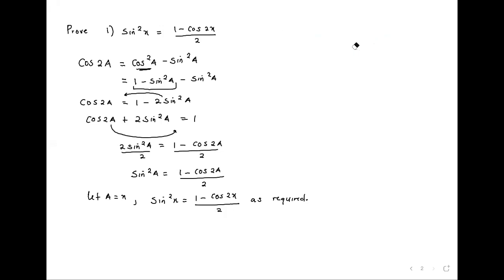We don't have it. Now, sir, where is cos 2a coming from? I said that this one is an identity.